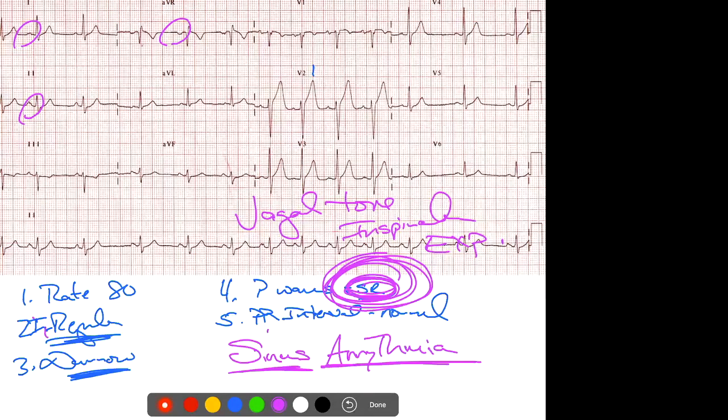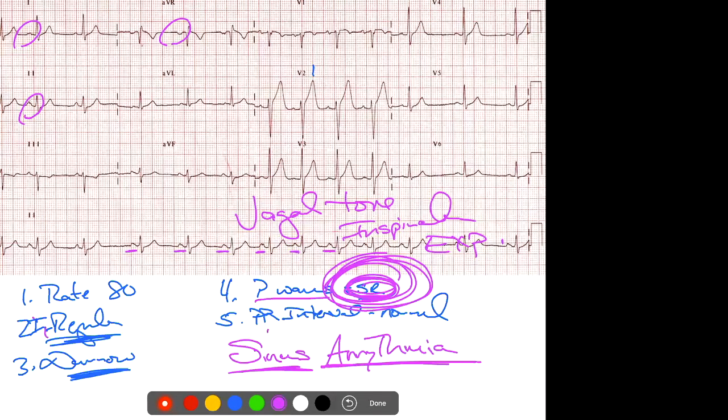Now, if you look at these P waves, if you were to copy and paste them on top of each other, they essentially will look the same. But that's another irregular rhythm, so you'd be right to put that in your differential. Looking at the P waves is where we would make that distinction. They have to be the same morphology within the same lead.